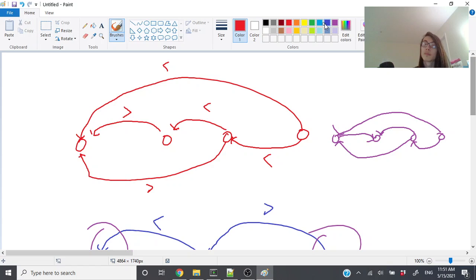I'm totally lost right now. So once some other value gets removed, what happens?